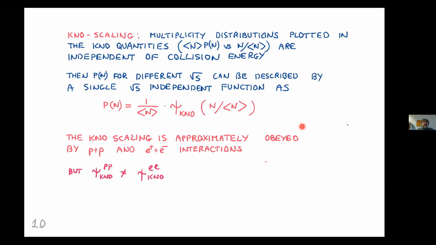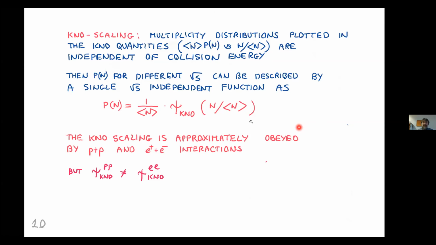What does it mean? Different distributions Pn for different collision energies can be described by a single, square root of s energy independent function. This is the scaling: in principle, these Pn are energy dependent, but if you plot them properly, this presentation is then independent of energy.